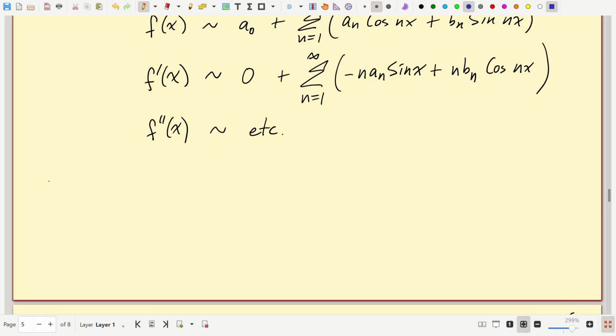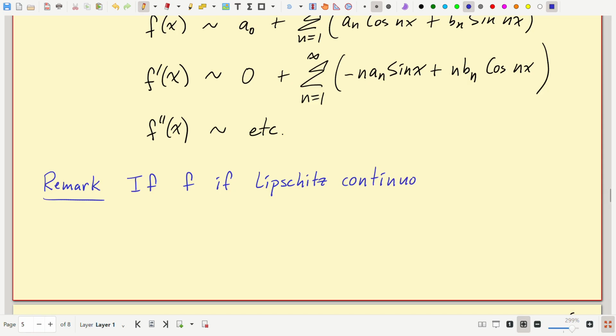Something I'm not going to show you, but it's not a hard thing to do. If f is what's called Lipschitz continuous and 2 pi periodic on R, then the Fourier series converges to f pointwise.